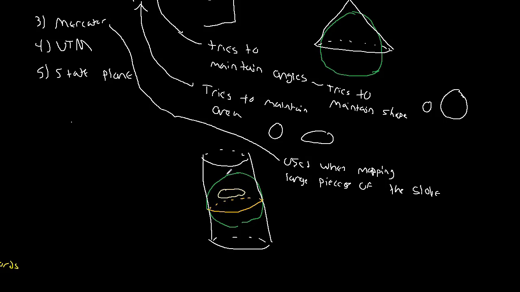A lot of world maps are Mercator. The internet uses something called Web Mercator, which has a very similar definition to this. So you see Mercator pop up all the time, and it's important to be aware of what's going on.